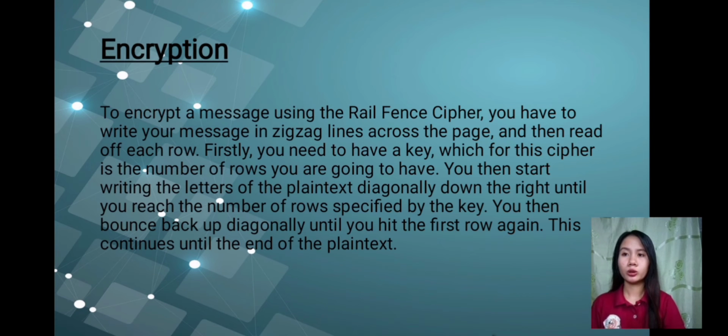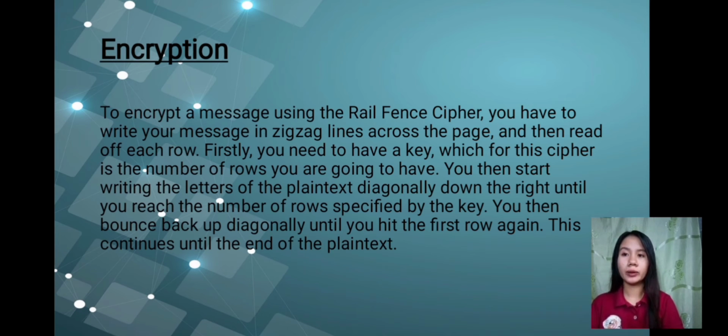Encryption. To encrypt a message using the Rail Fence cipher, you have to write your message in zigzag lines across the page, and then read off each row. Firstly, you need to have a key, which for this cipher is the number of rows you are going to have.